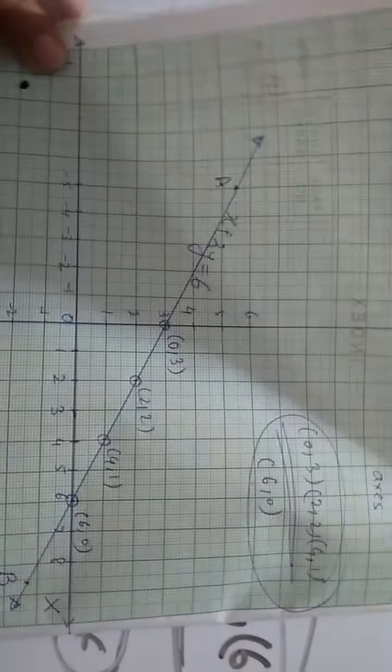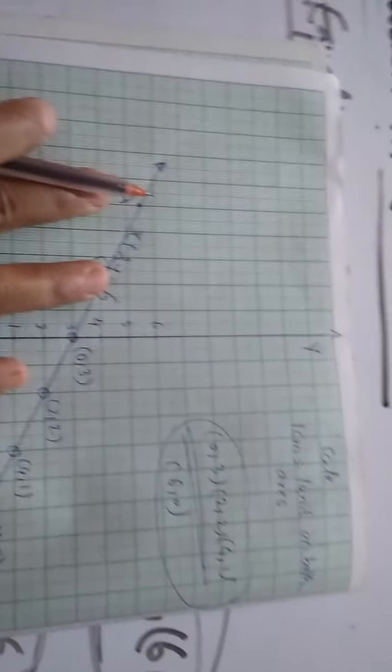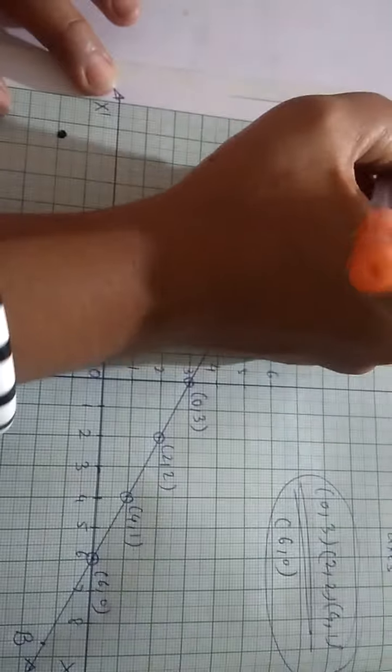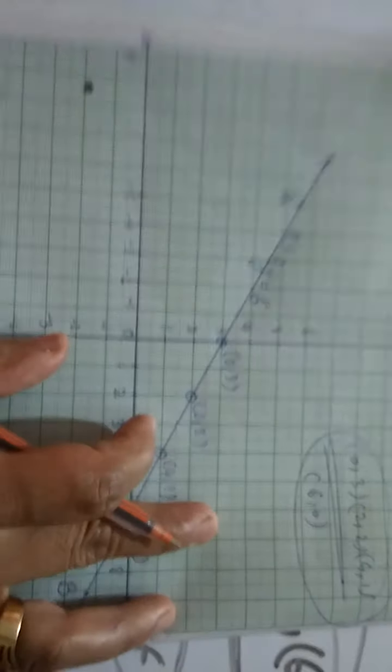Don't write these points in your exam. You will have the table. From the table you just see and then you write those points. Fine? So this is over. So this is your line AB, which is satisfying the equation x plus 2y is equal to 6. Okay, fine. Now we'll solve another example.